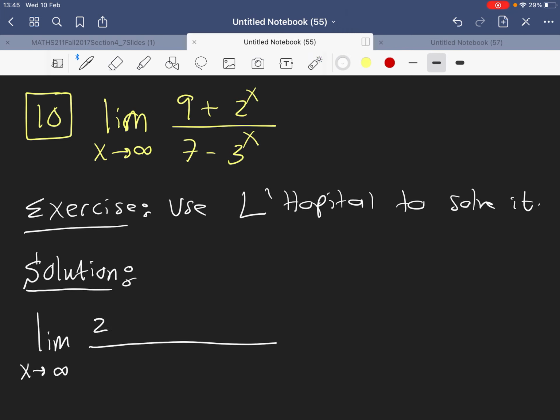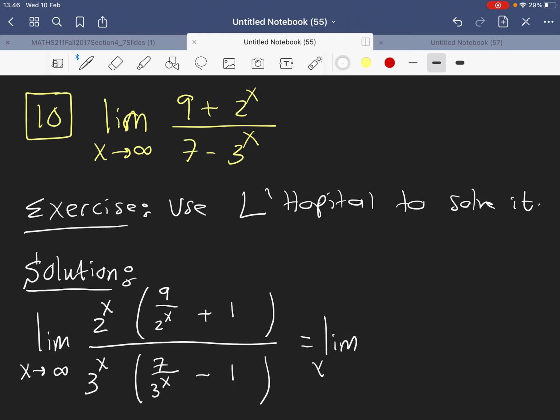This is 2 to the power x. Now the remaining is 9 over 2 to the x, sorry, plus 1. Same thing here, I will take 3 to the power x. This will be 7 over 3 to the x, minus 1.